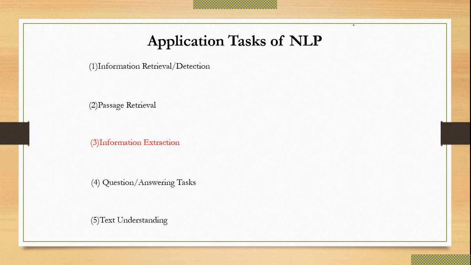Now, what are the applications, and where does information extraction fit into natural language processing? In natural language processing, information extraction is the third stage. The first one is information detection. First you have to search and retrieve the document in response to a query for information.